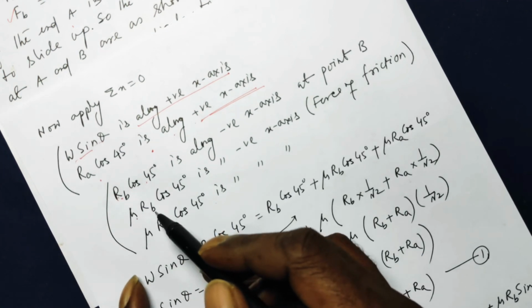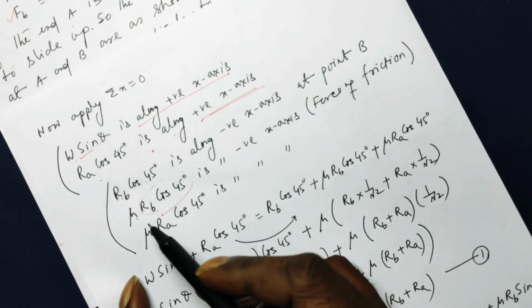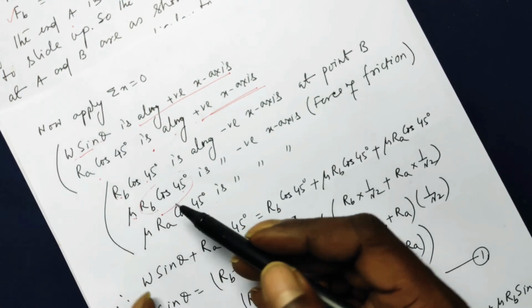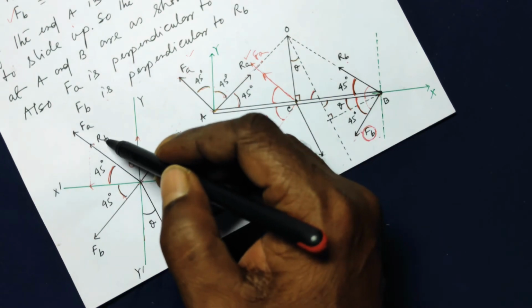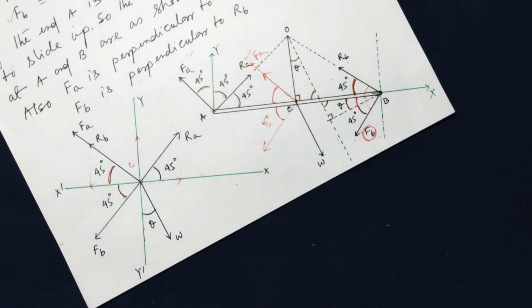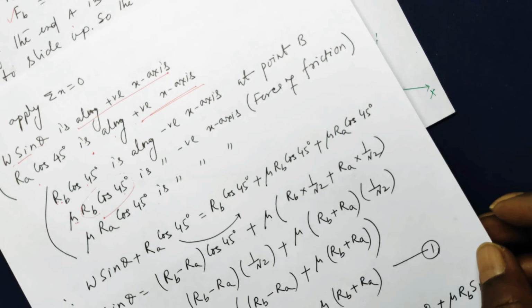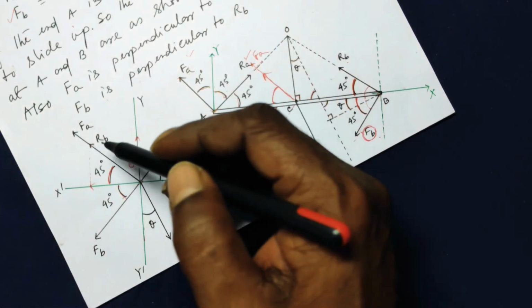Then mu times the normal reaction, so mu times Rb cos 45. This is your Rb. So mu times Rb cos 45 is along negative x-axis.